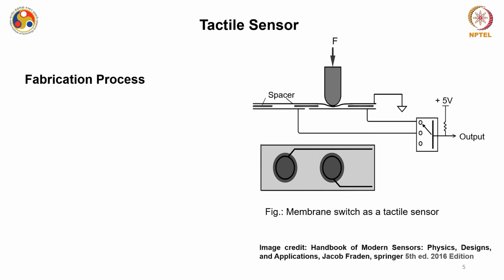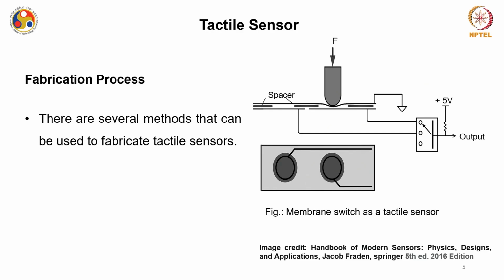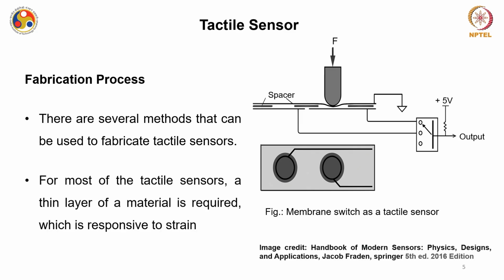In line with this definition, let us see the fabrication of the simplest tactile sensors that exist. Although there are several methods that can be used to fabricate a tactile sensor, these are the most common. For most tactile sensors, a thin layer of material responsive to strain is required.